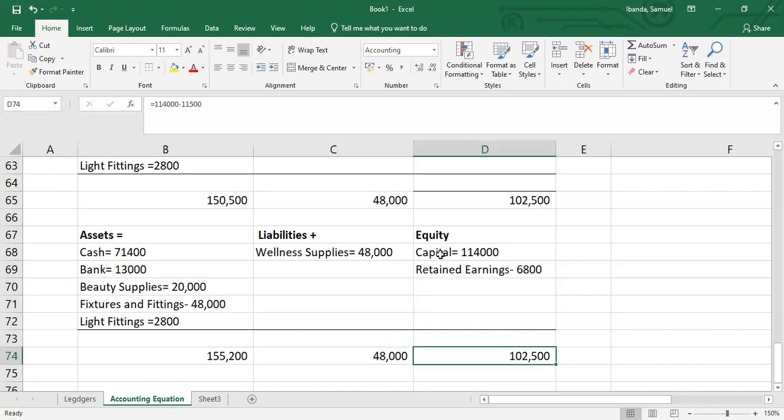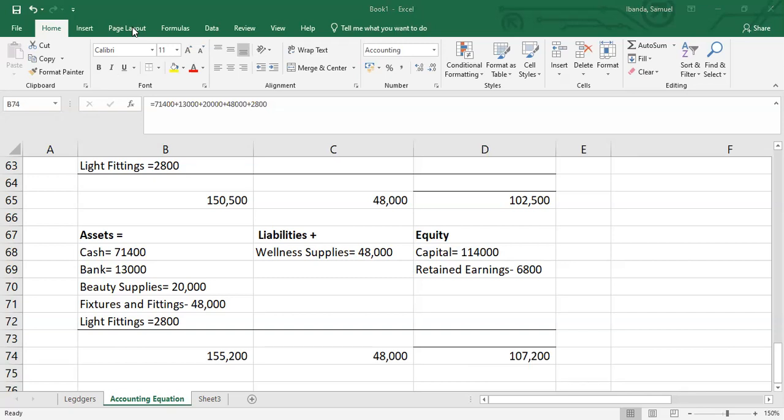And here, this is 114, remains the same. Then plus 6 minus 6,800. When I add these two, it gives me 155,200, which matches my asset equation side. You get it?